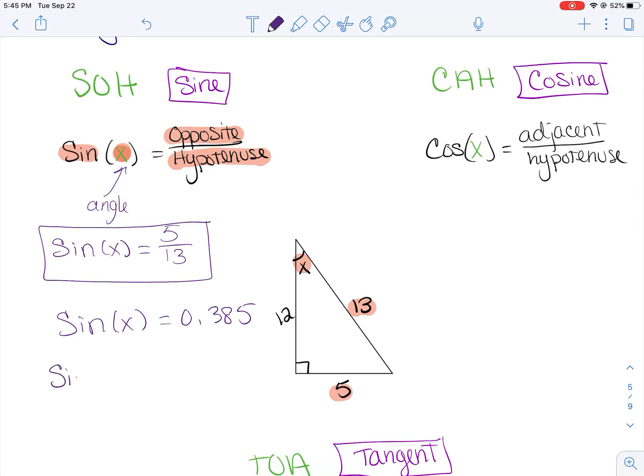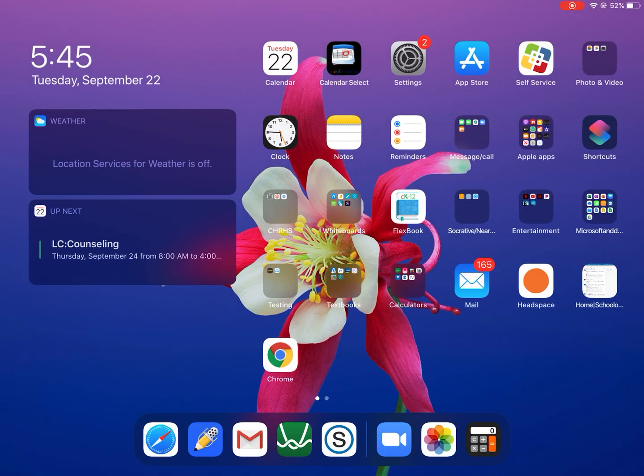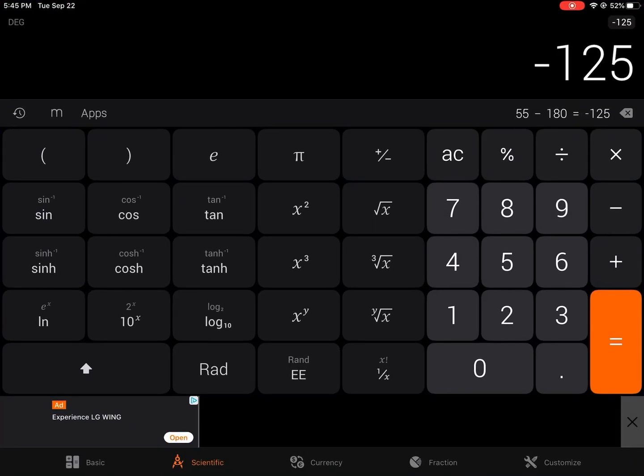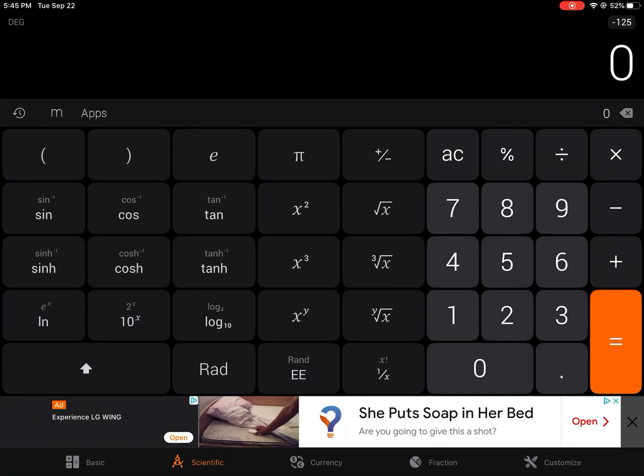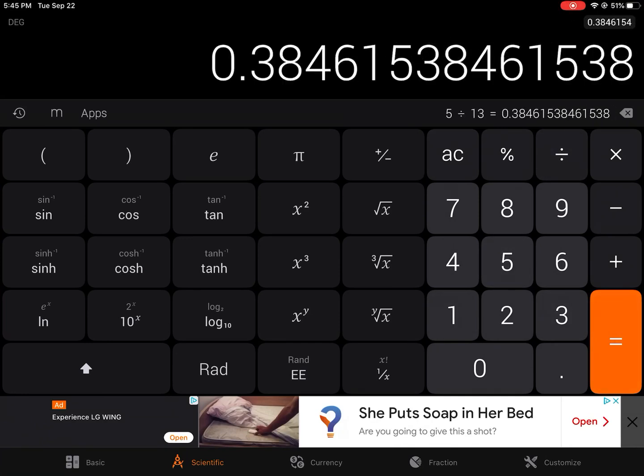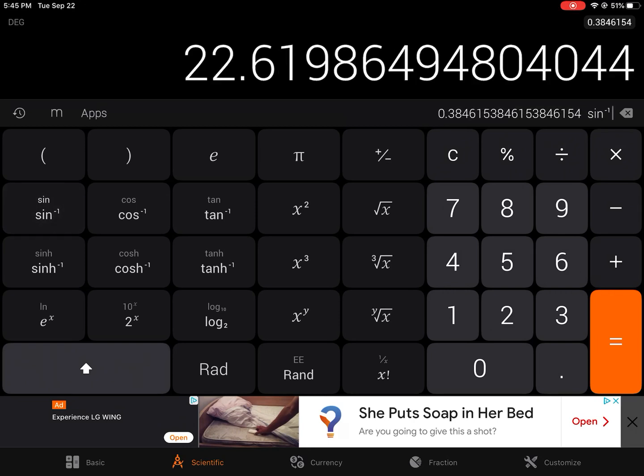And then if we wanted to know the angle, that's where your inverse function comes in. So on your calculator, let me pull up a calculator here and I'll show you. Let's say we did 5 divided by 13, okay? And then instead of hitting regular sine, we're going to hit the second or the shift button. In our case, it's the up arrow, and sine inverse.